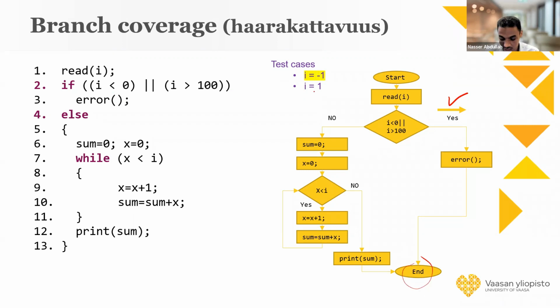Now if we take the other one, which is 1, it's the opposite. That means it will come to this place, and then where will it go? After that, it will come to this place, because now we have 1. It will go to this place, and after that it will come to this place.